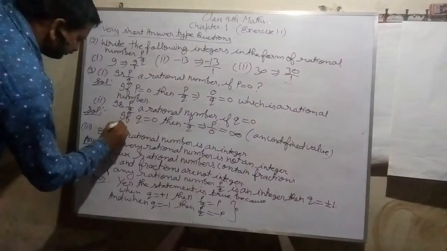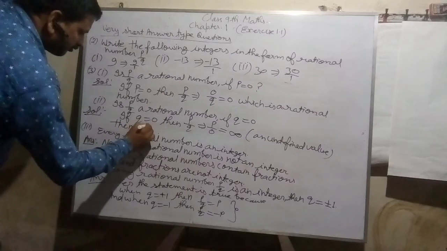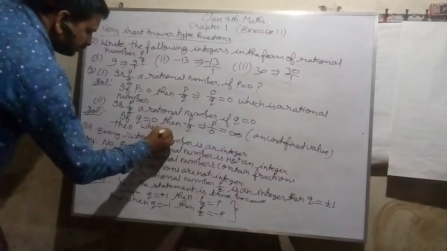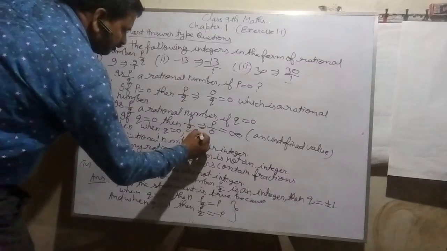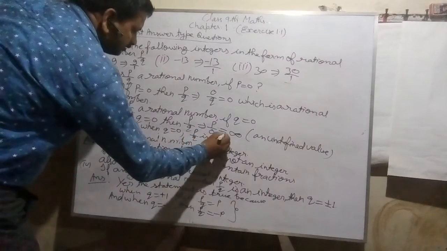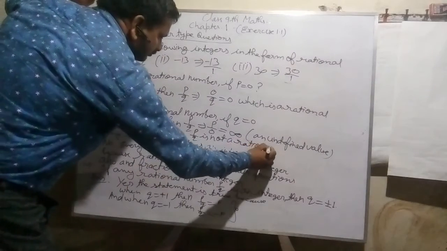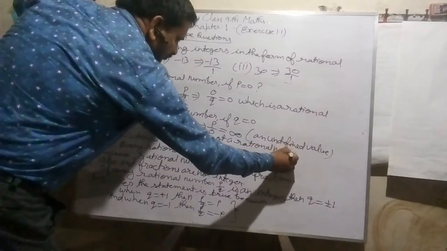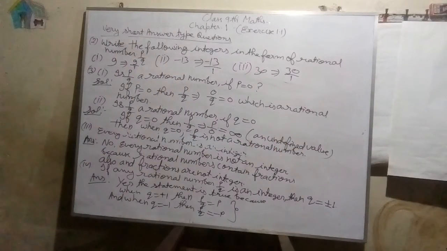So when q equal to 0, p by q is not a rational number.